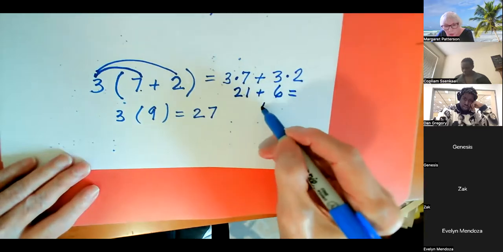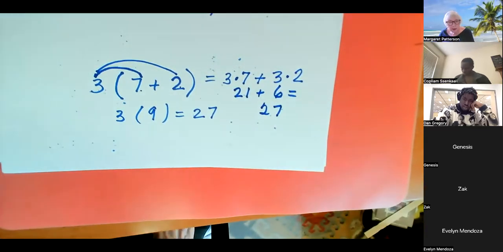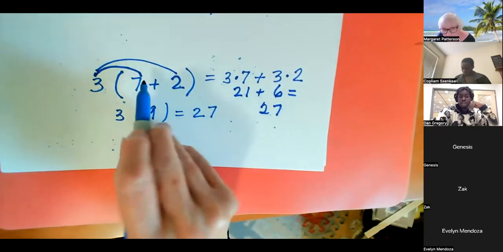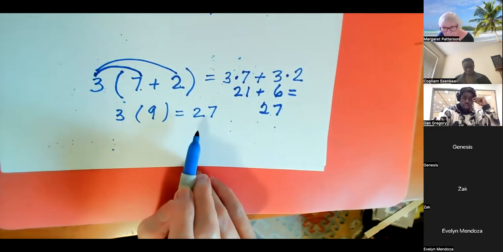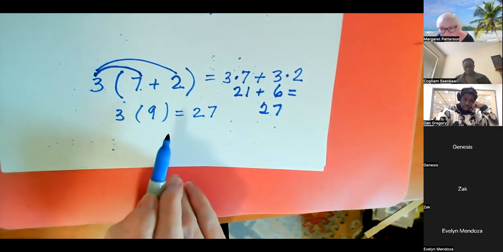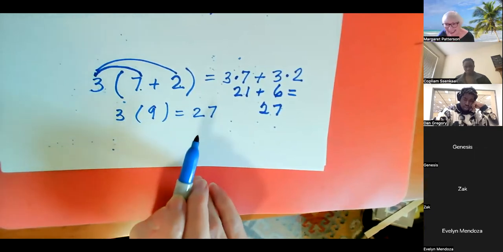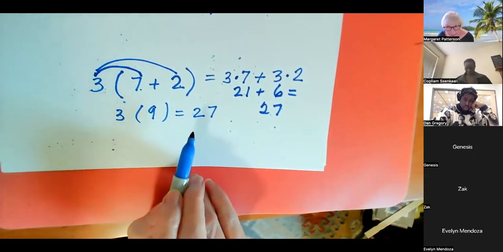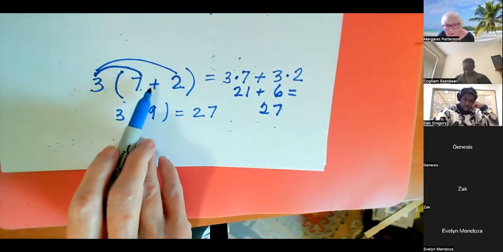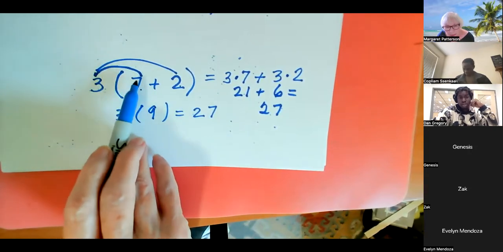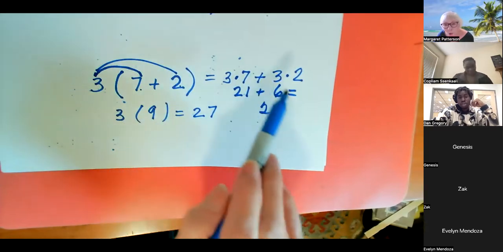And lo and behold, when you put those together, you get 27. So why would you do it the hard way when you can do it the easy way? It's a trick question. You do things the easy way if you can. You don't go for hard. But what we're finding out is doing it piecemeal like this worked.